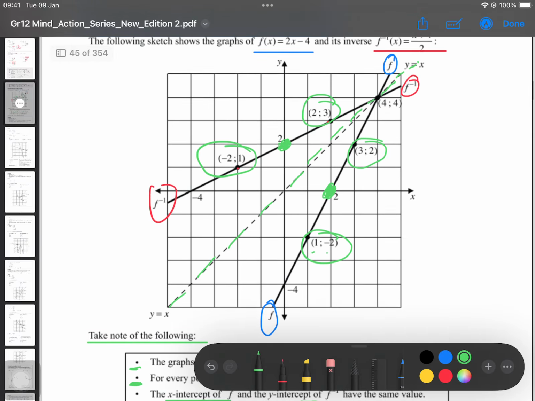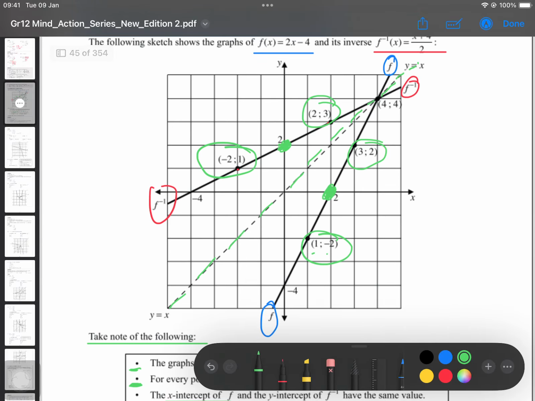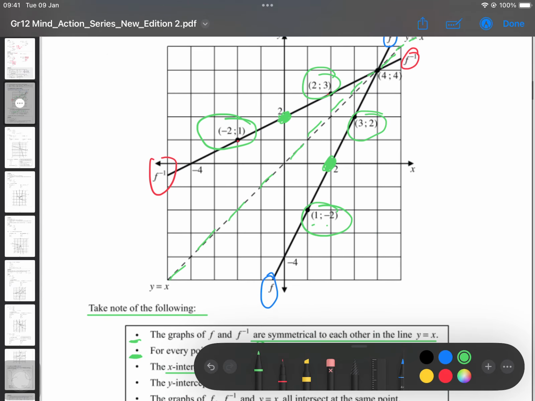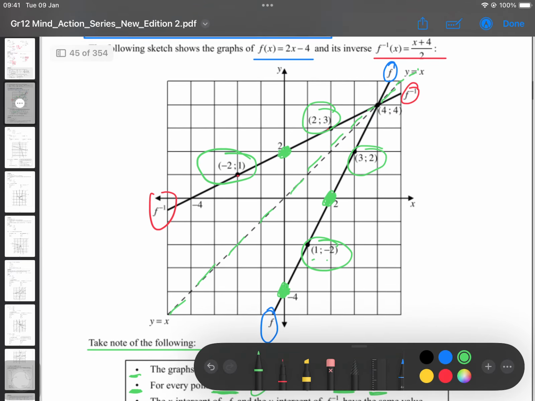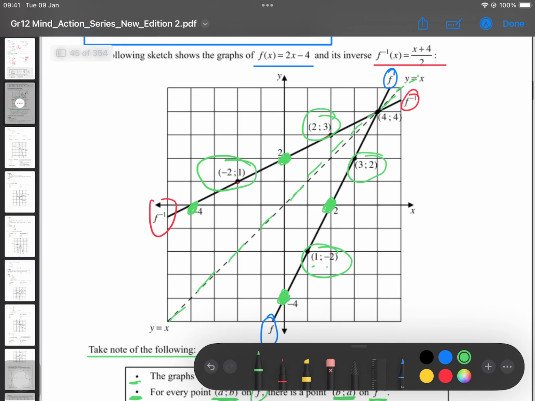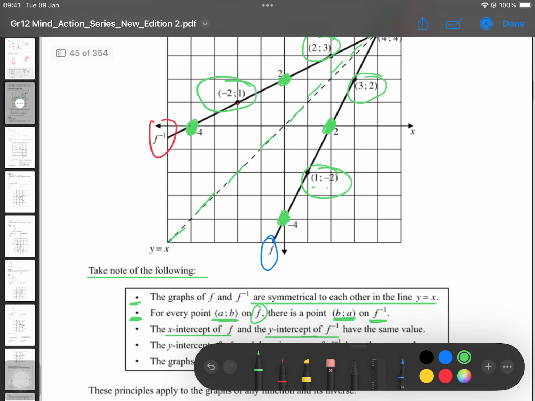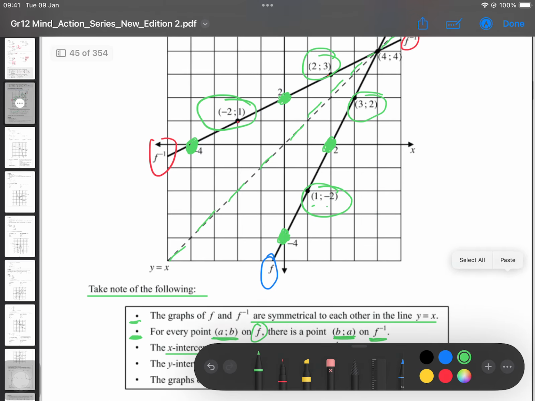Also, for the inverse and the original, the y-intercept of the original is minus 4. It's the same thing as the x-intercept for the inverse. So if you check, this is 2 is to 0, and then it swaps to 0 is to 2.